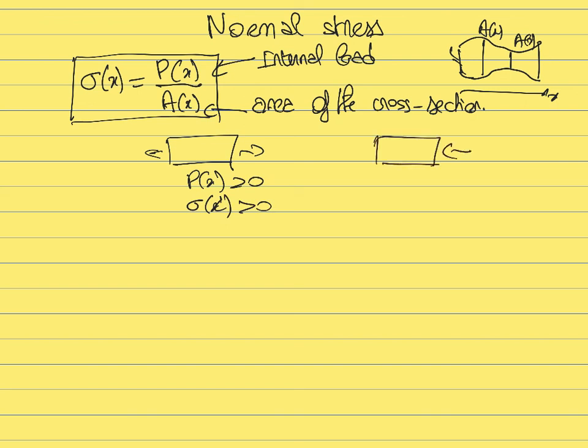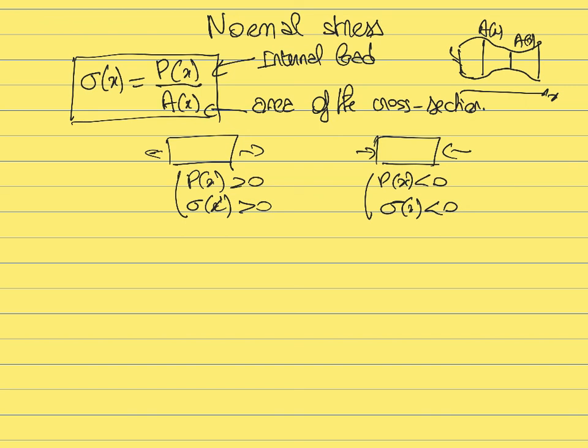And if you are in the case of a compression like this, then both the internal load and the stress will be negative. So the sign conventions of the internal load and the internal stress are consistent, so they are both related with this formula.